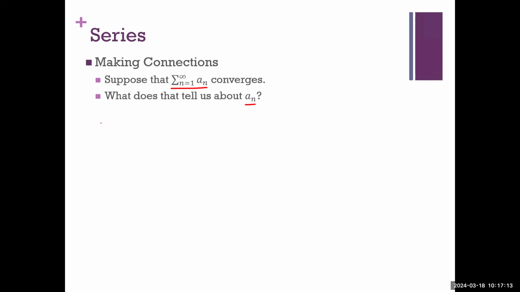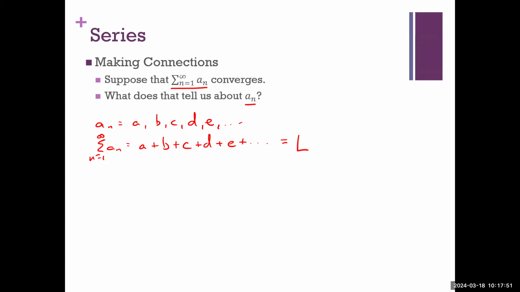In the sequence, I'm looking at a, b, c, d, whatever these terms are, as opposed to the series where I don't care about the individual terms as much as I care about what their sum is. So if I know this series adds up to something, which is, I don't know, capital L, then basically the more and more I add up those terms, the closer they get to some number L.